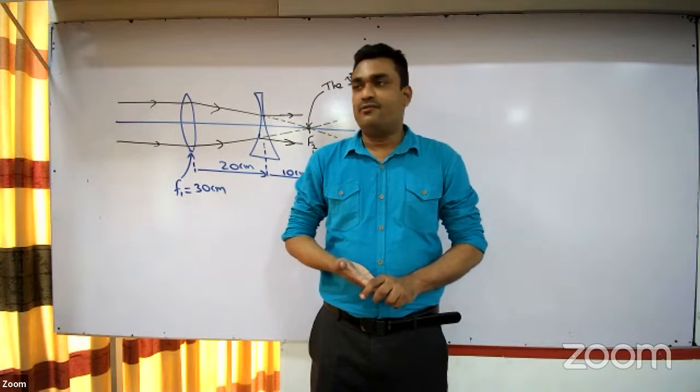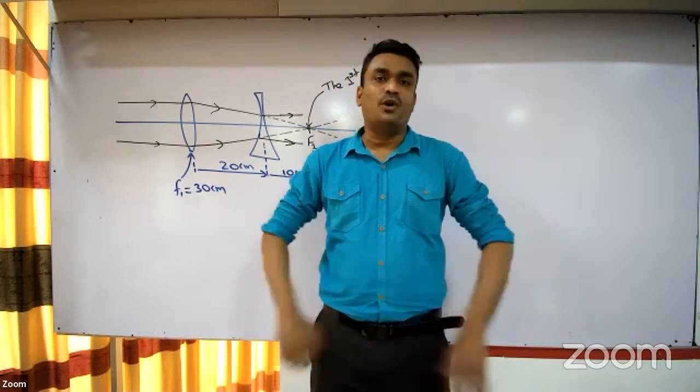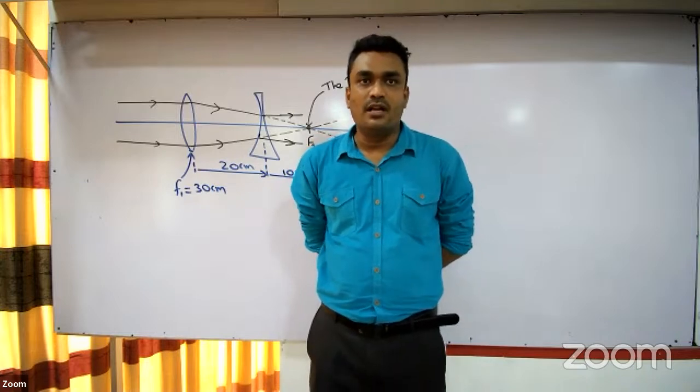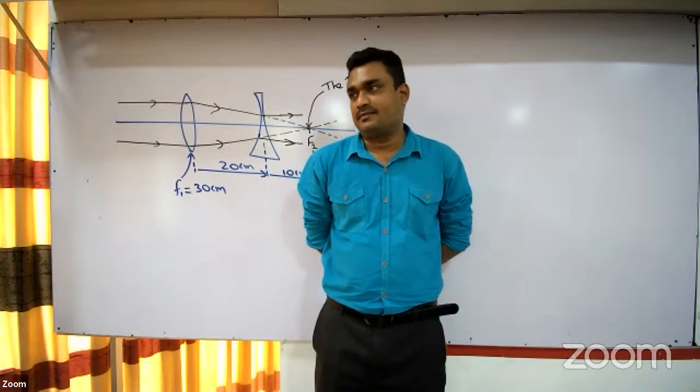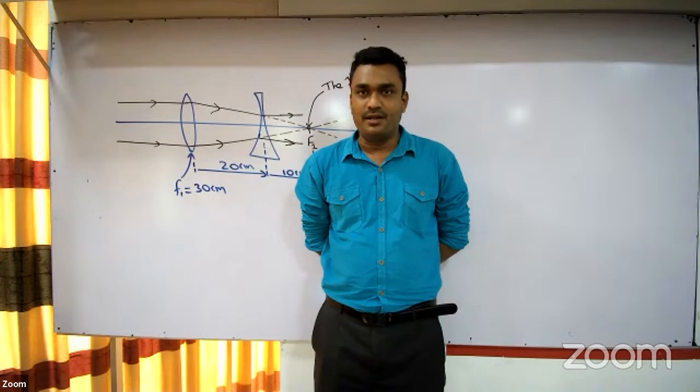Therefore, the first image is formed on the focal point of the convex lens.